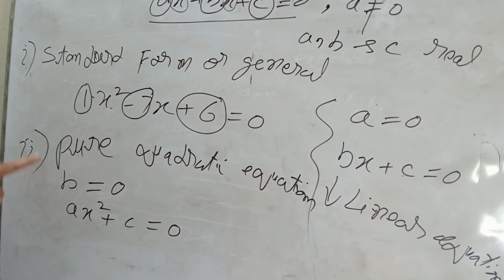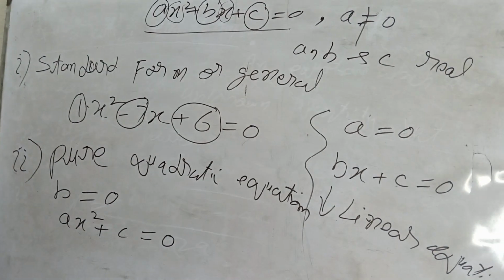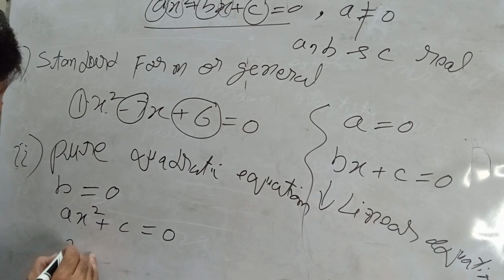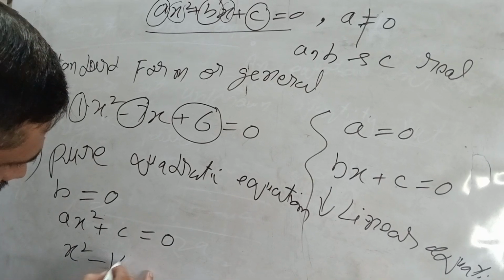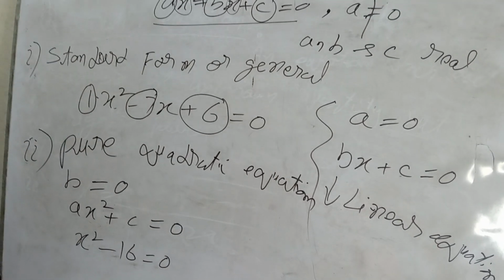This form is called the pure quadratic equation. For example, x square minus 16 equal to 0.